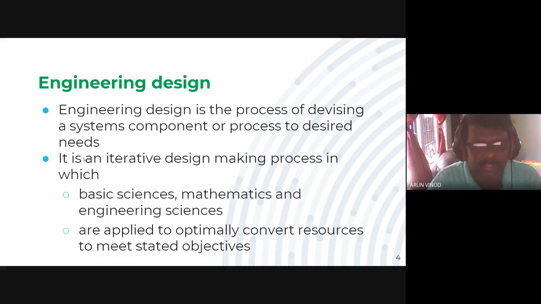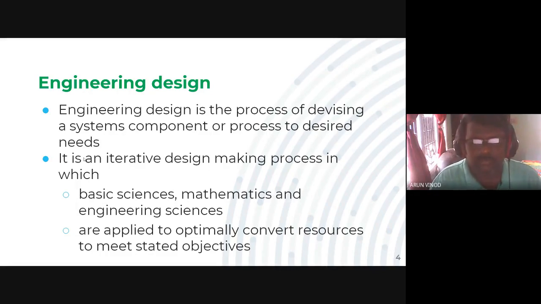Component means, say for example, you have a problem and you are doing a design, for example a flow diagram. In the flow diagram, you divide the whole product into small components. What is the first component, the second, the third, the fourth? That flow is the high level design.